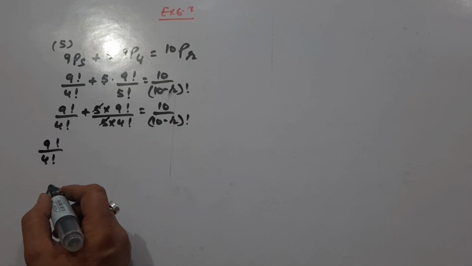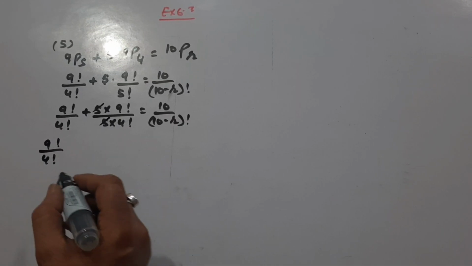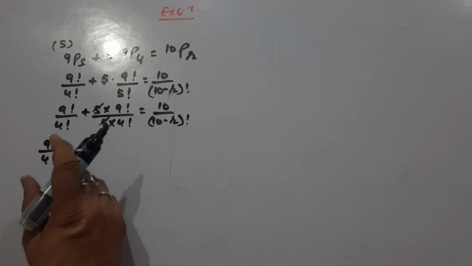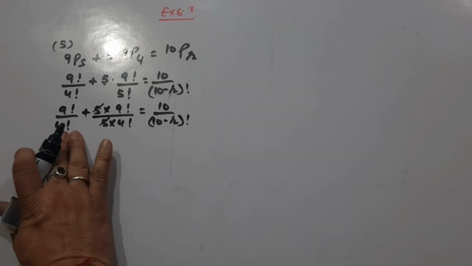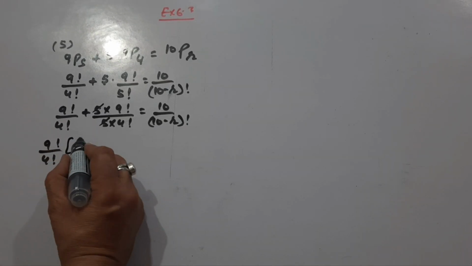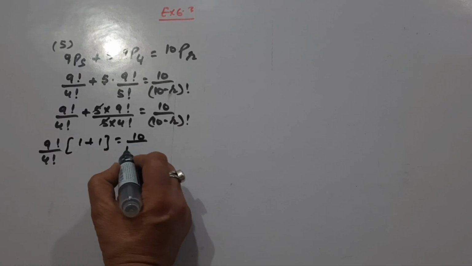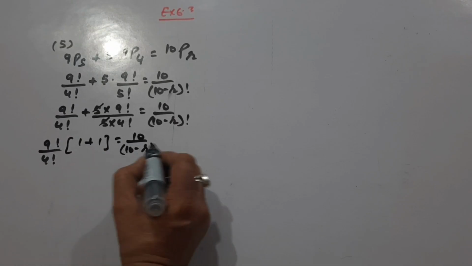So we get 1 plus 1 equal to 10 factorial upon (10 minus r) factorial.